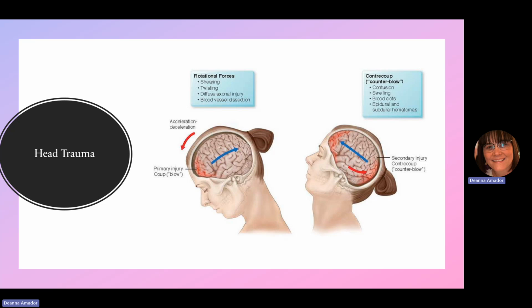So we want to be able to act and intervene to make sure we don't have further increased ICP, which could actually cause more damage. So we don't want that, like herniation.